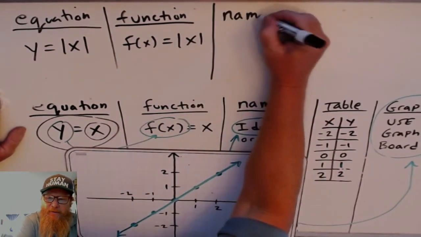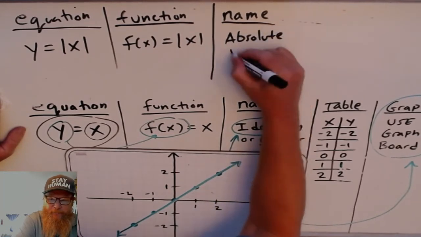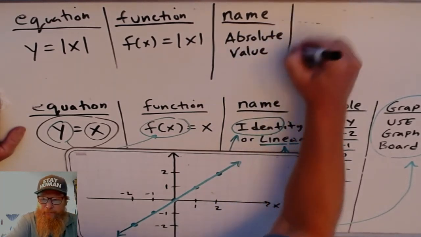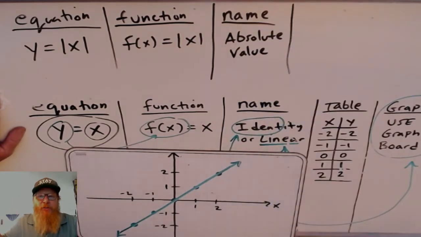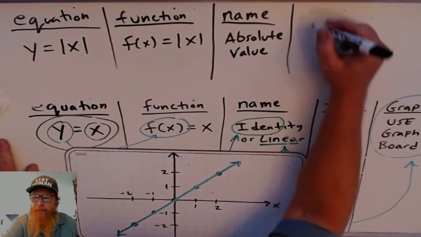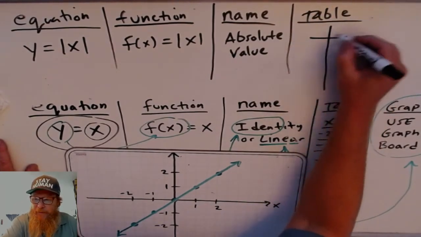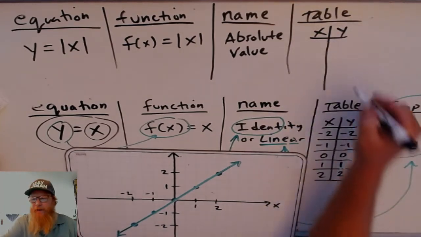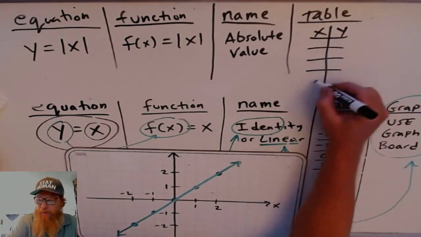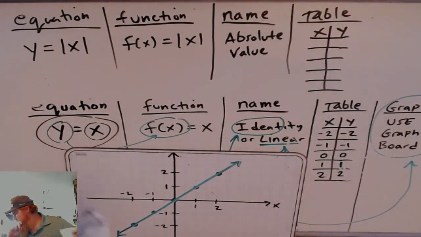The name, absolute value function. The word function is implied. These are all functions. All right. The table, we'll fill this out in a second. Leave it blank for now. It's typically 5 rows. Fill it out in a second.